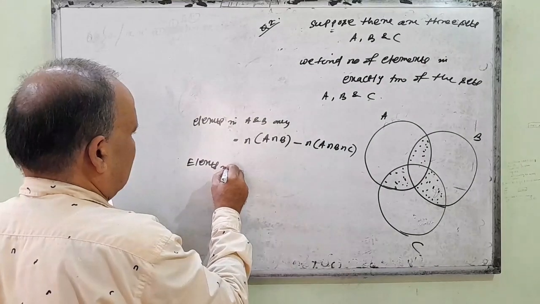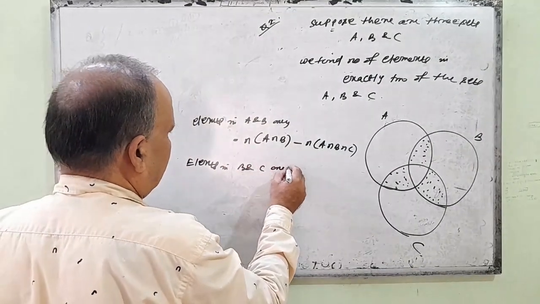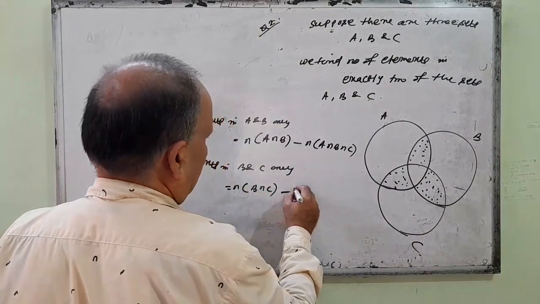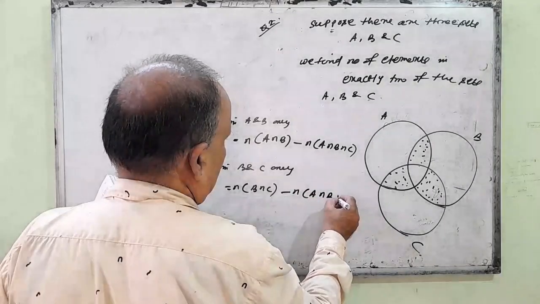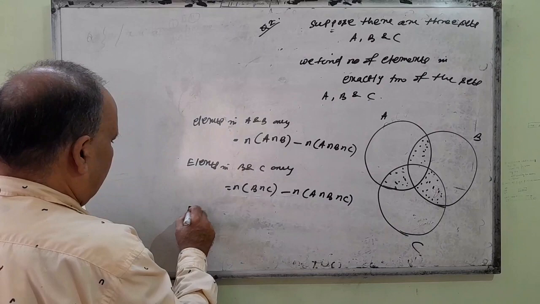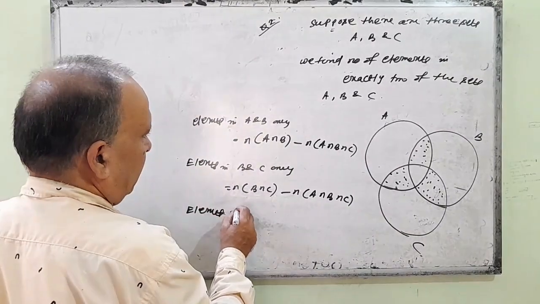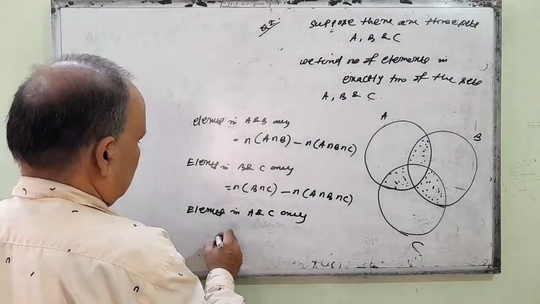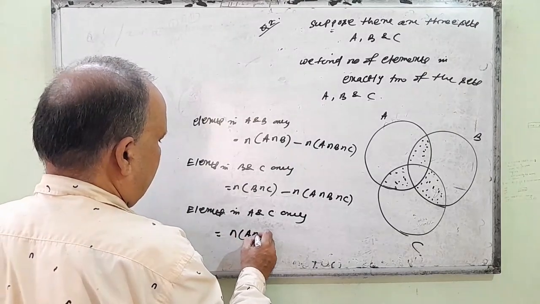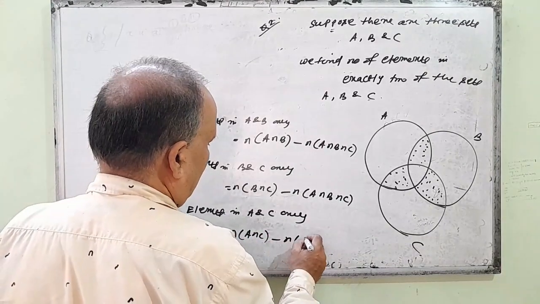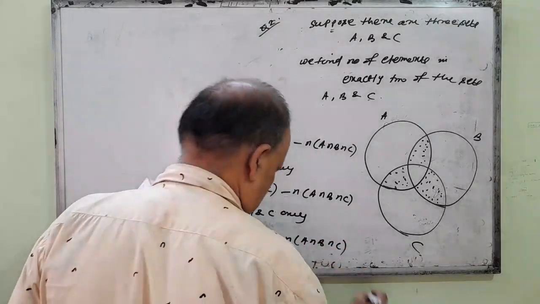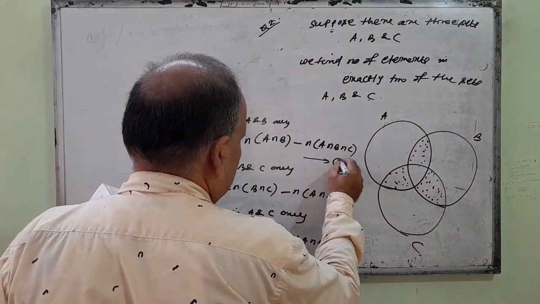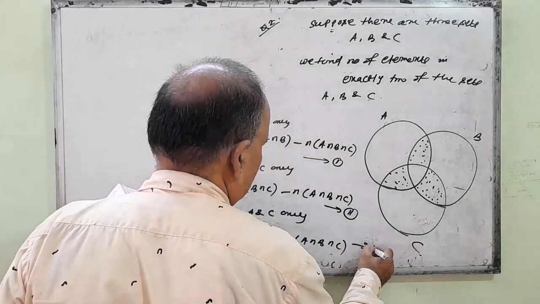Elements in B and C only is equal to order of B intersection C minus order of A intersection B intersection C. Elements in A and C only is equal to order of A intersection C minus order of A intersection B intersection C. This is your first equation, this is your second, and this is the third.